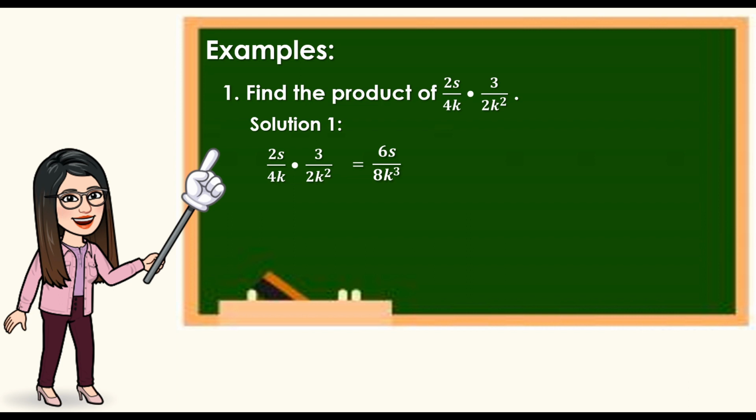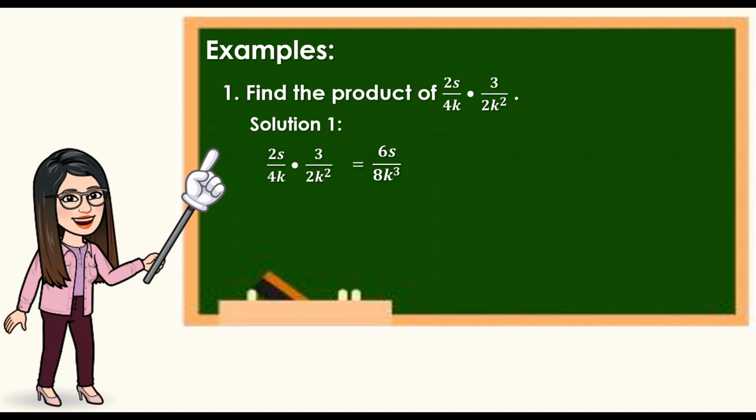What we did here is we just multiplied 2s and 3. So we have 6s. And in our denominator, we have 4k times 2k squared is equal to 8k cubed. And as you can see, we can still simplify 6s over 8k cubed.